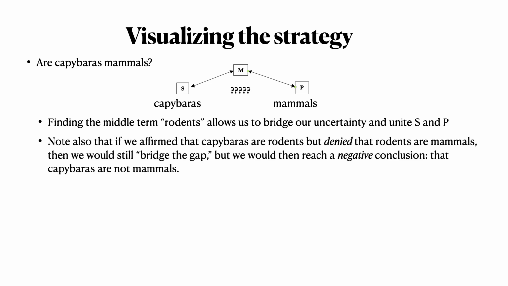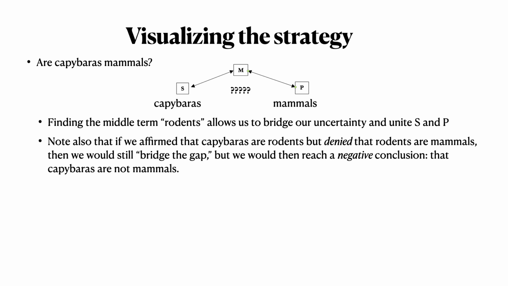Note also that if I could affirm that capybaras are rodents, but maybe if our major term were reptiles or something, if I denied that rodents were mammals, I'd just be wrong. But what if I denied that rodents are reptiles? I would still be bridging the gap, but I would be bridging it in a negative way.